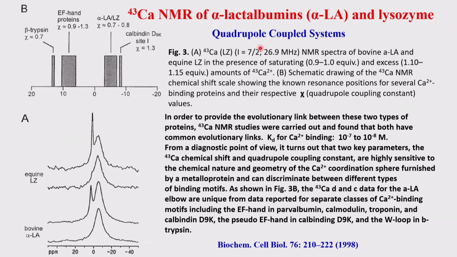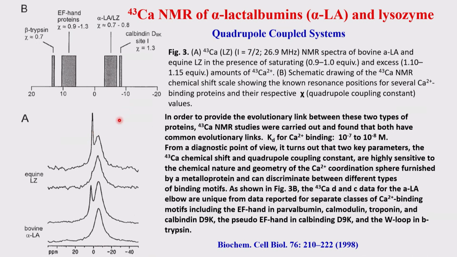So here we have calcium-43 NMR, both for the lactalbumin and also for the lysozyme. You can see the lactalbumin from bovine, and you can get the split of the two in this, and similarly for the lysozyme, when you apply this to these quadrupole coupled systems.